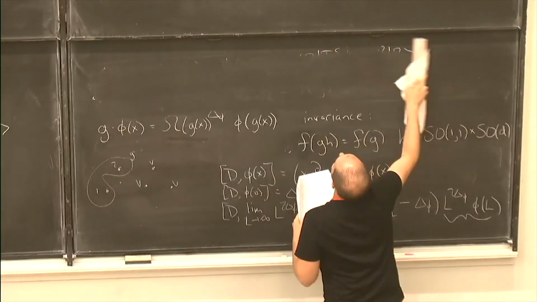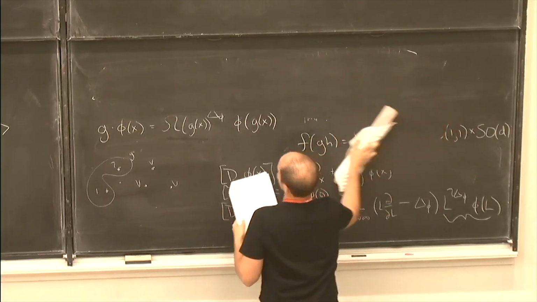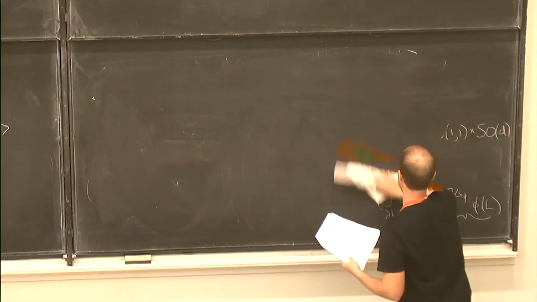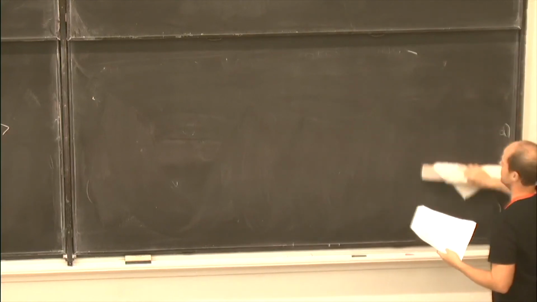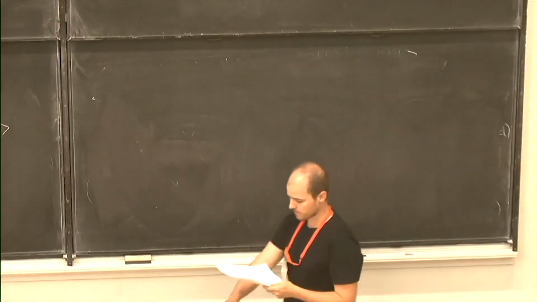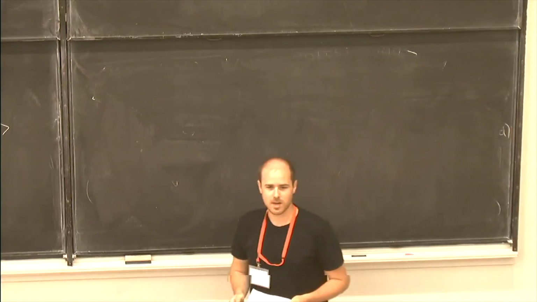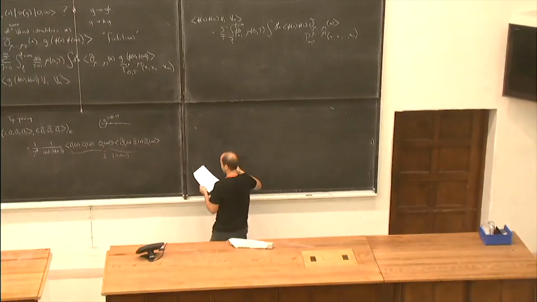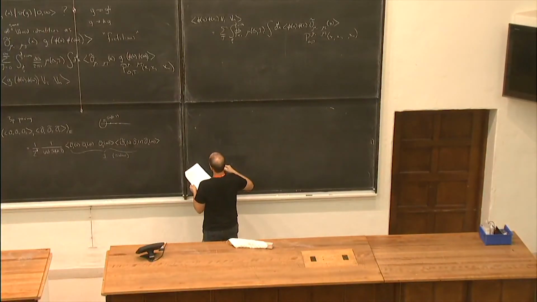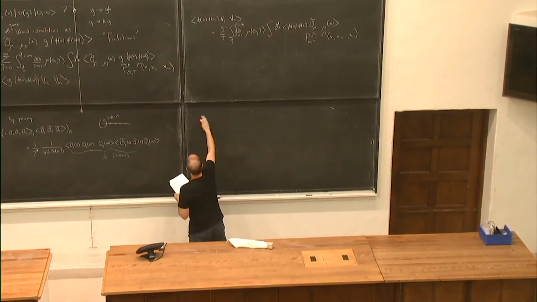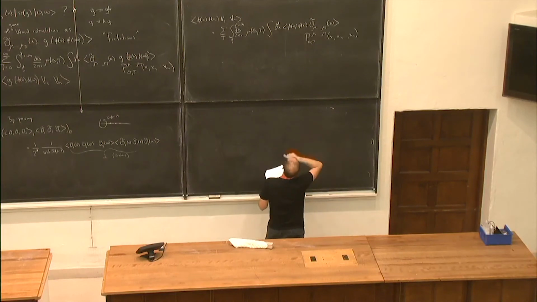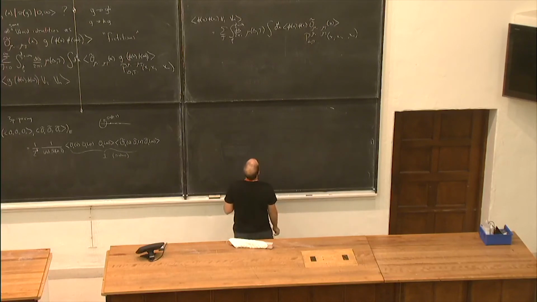Okay, so the chalkboard gods are with us again. We have exactly what we need up there. So we know that the correlation function has this expansion, which I'll call the conformal partial wave expansion.